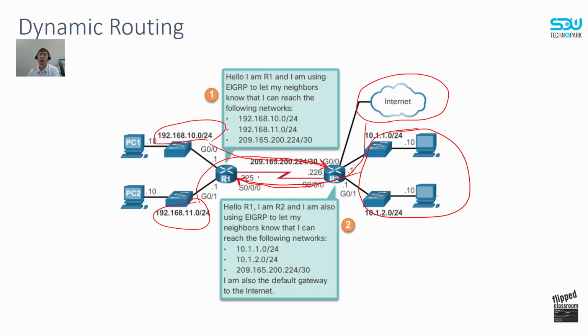So they will exchange information about their networks, and if something goes wrong in router 1's network 11.0, then router 1 will mention it to router 2, so that router 2 will understand, oh, okay, now I don't have this network 11.0, and everything will be done automatically.